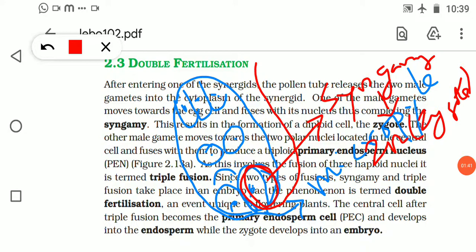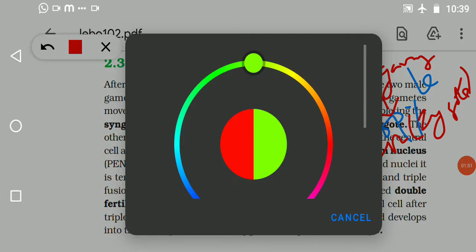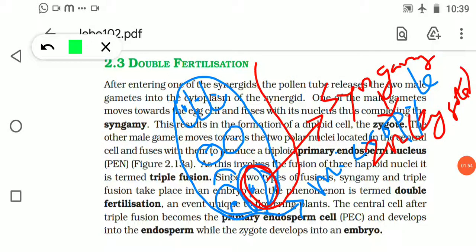Now the other male gamete will go ahead and fuse with the polar nuclei.